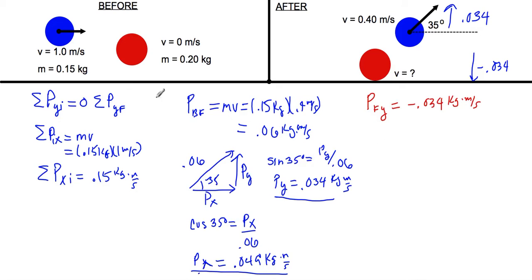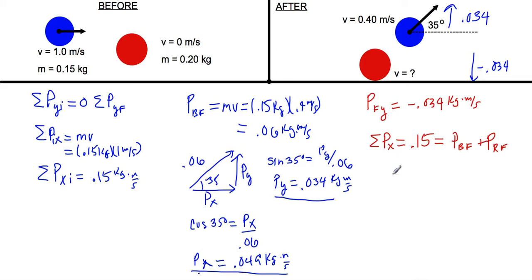Well, we got to kind of go back to this idea that our total x is going to be 0.15, which means that it has to be equal to our final x. So if I say, okay, this is for the total, it's 0.15, that comes from a momentum from the blue ball final plus the momentum from the red ball final.